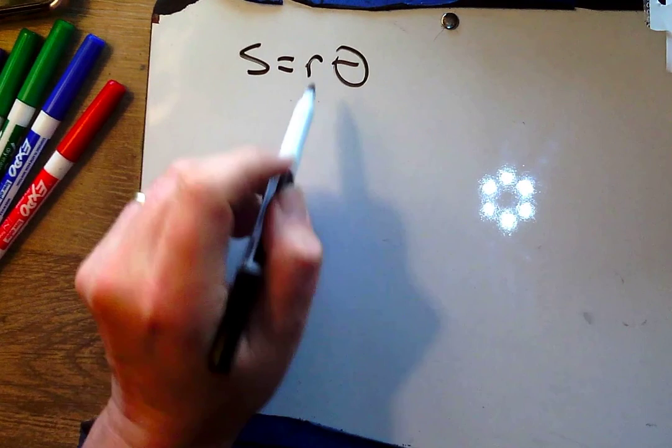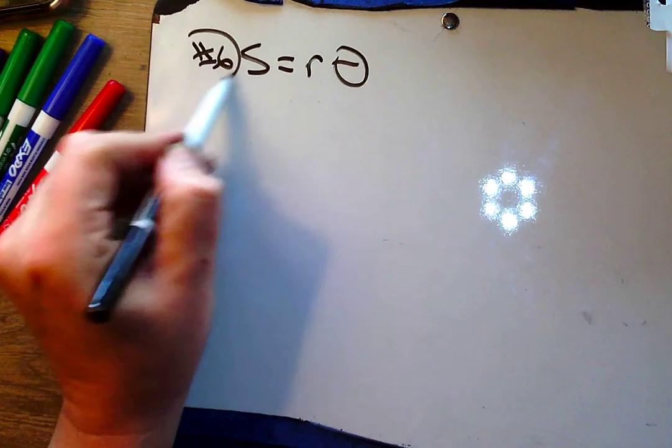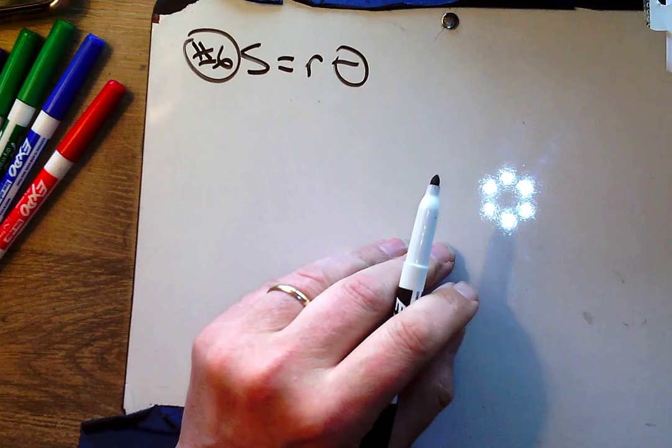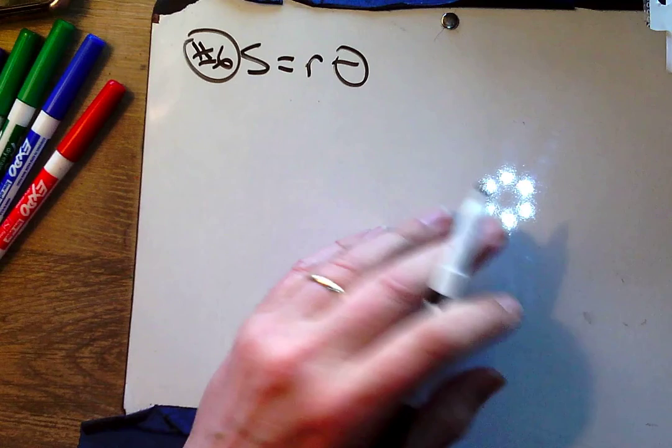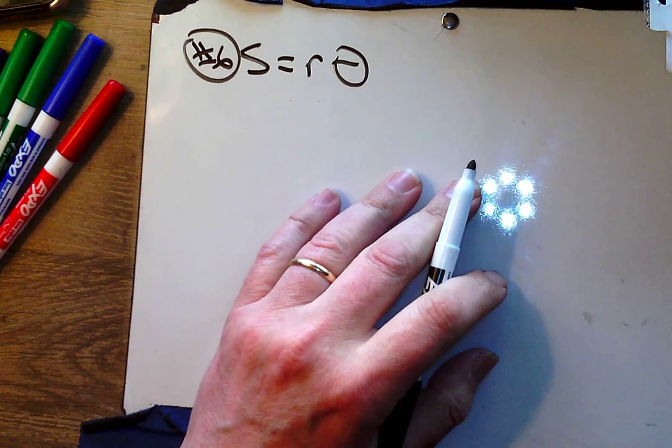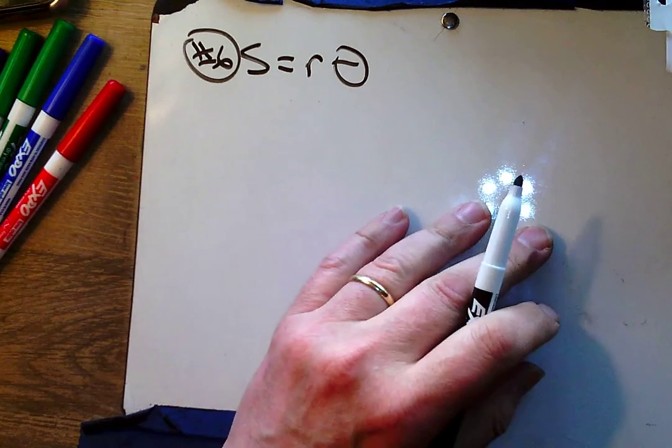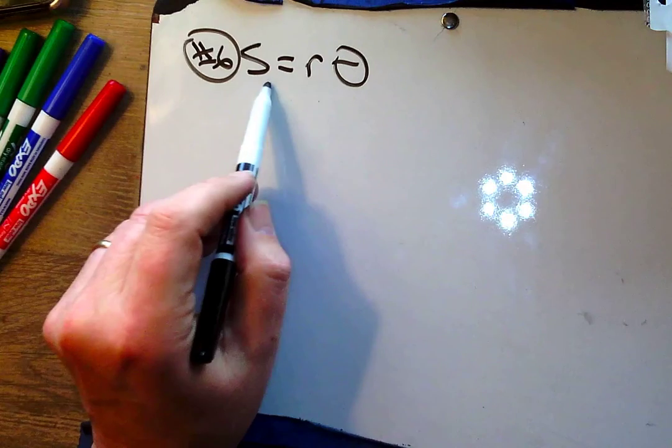This is an arc length problem, number 6. The others are all angular and linear velocity, and you should be able to find them pretty reasonably and in line with the ones we just did. But watch out for number 6.